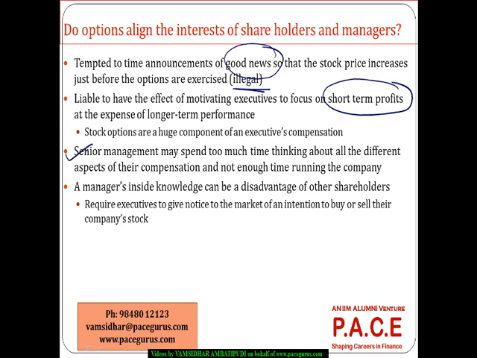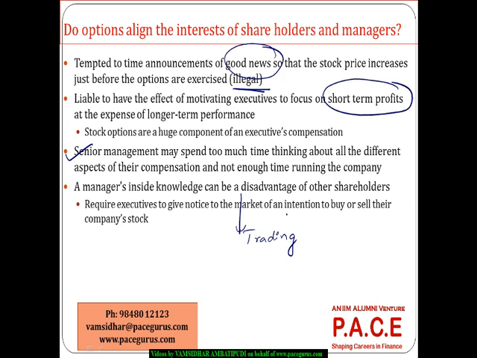And whatever inside knowledge the manager is having, whatever expertise, whatever knowledge about the operations of the company, if he takes his decisions, if he makes his trading in such a way that it impacts the other shareholders, then probably it's going to be a much bigger disadvantage for them.